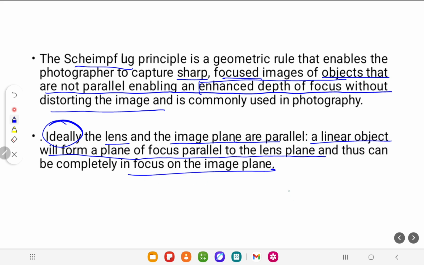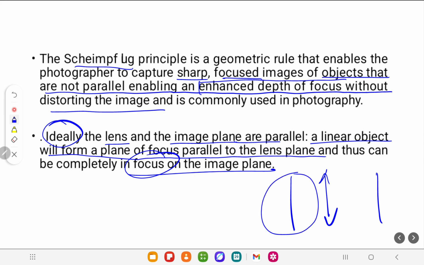It means that the object plane, lens plane, and image plane must be parallel to each other, so that complete focus can happen. But that's not the case with a non-parallel object, meaning the dome shape of the cornea. So it will create a little bit of a problem.